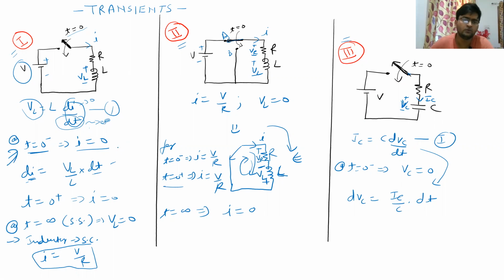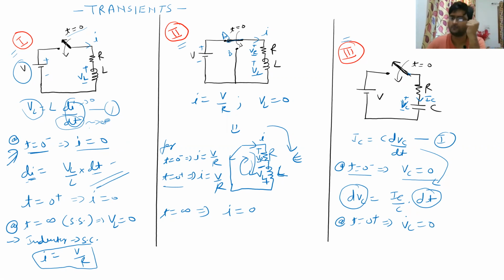Similar to the inductor equation, here you see that if this dt is very small, this dVC, or change in VC, is going to be very small. So similar to the inductor case, if at t equal to 0 minus your VC is 0, then at t equal to 0 plus, means right after the switch is closed, definitely your VC is going to be 0.